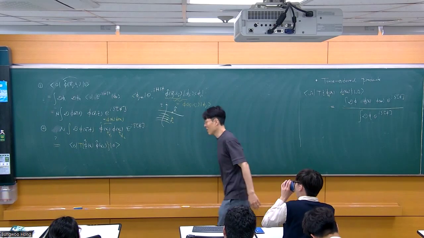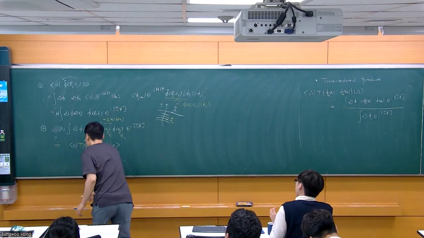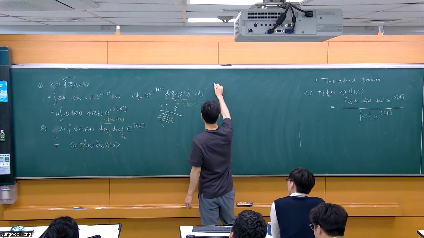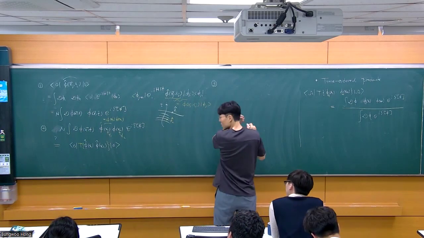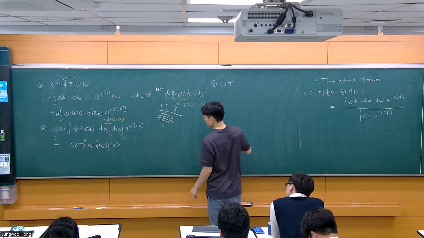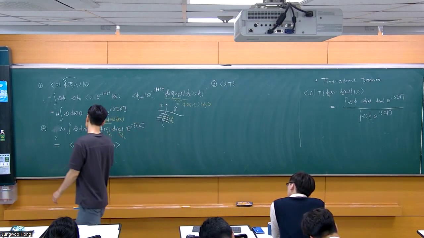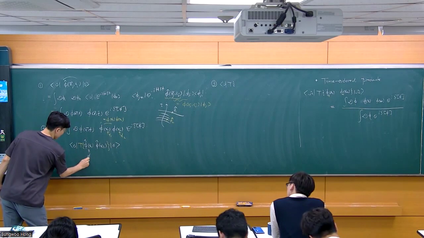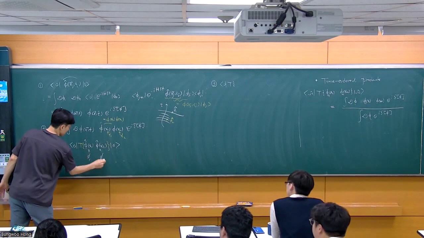Okay, so with that, I can write down a generalized version of that. So let's write 3. So this is the time ordering. From now on, let me simplify my notation. I'm just going to call them phi1 and phi2, even dropping the hat.